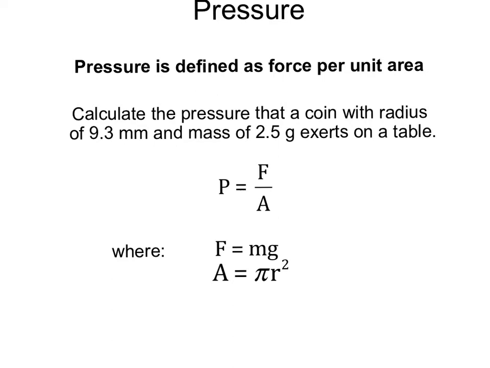So it's defined as force divided by area, or force per unit area. That's one of the definitions. And force is going to be equal to mass times the gravitational constant g, which is 9.81 meters per second squared.